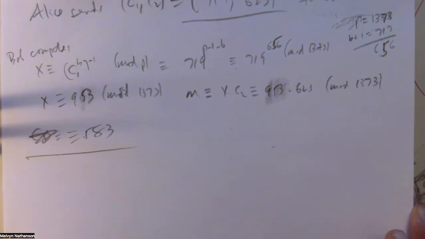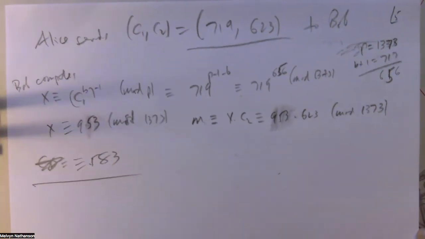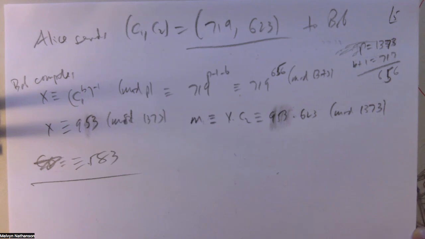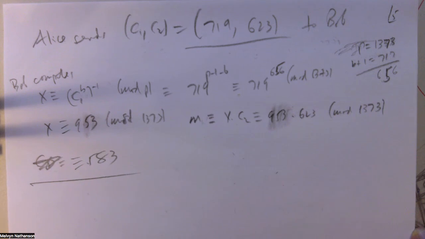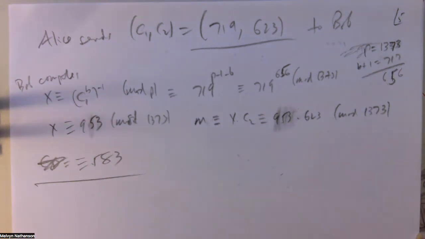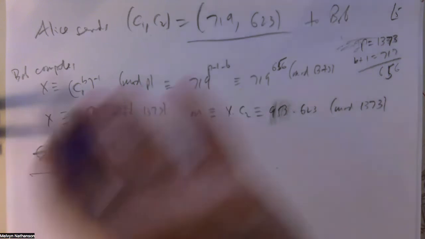This is more than exercise B asks us to do, but I wanted to actually compute this and give this whole example completely. In part C, Bob sends a message to Alice, whereas in part B, Alice sent a message to Bob.